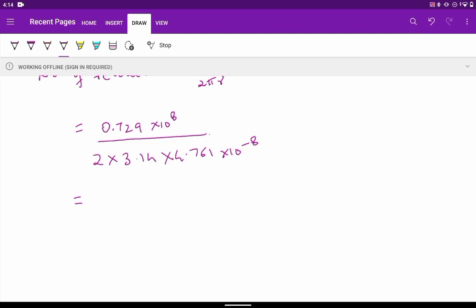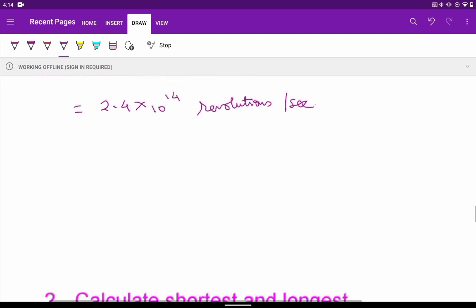So we will get around 2.4 into 10 to the power 14 revolutions per second. Okay, I hope you all understood.